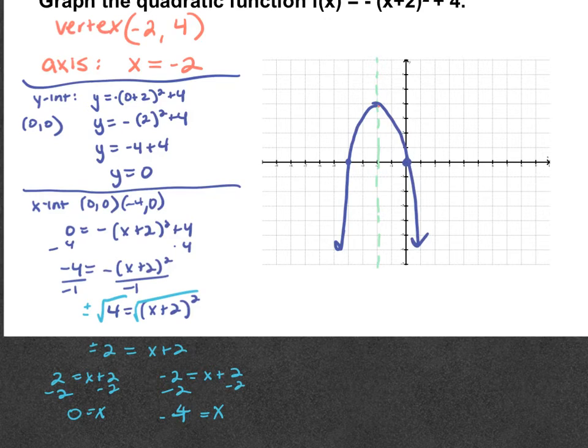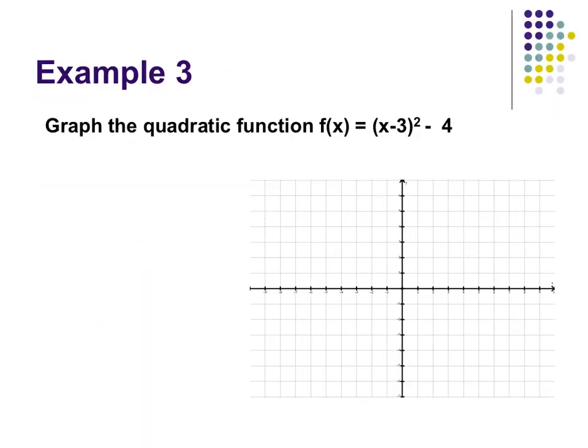Identify whether it opens up or down, find your vertex, find your axis, find your intercepts. If it's not enough information, plot some additional points. All right, you try this one. How does it face? Find your vertex, find your axis, find your intercepts.